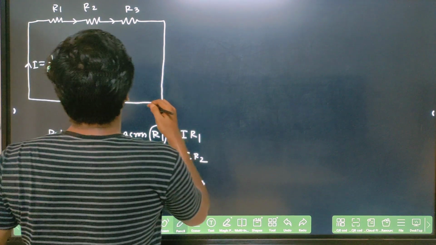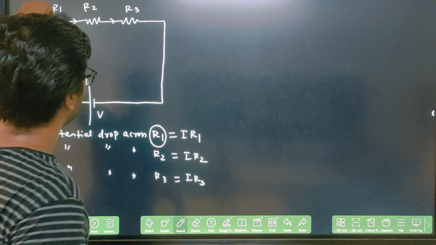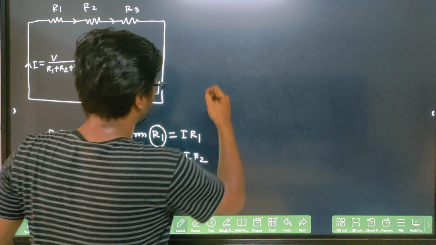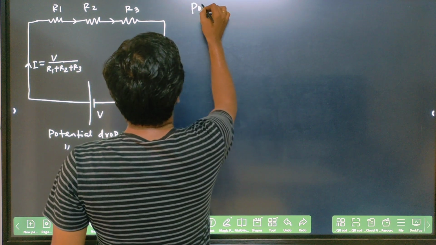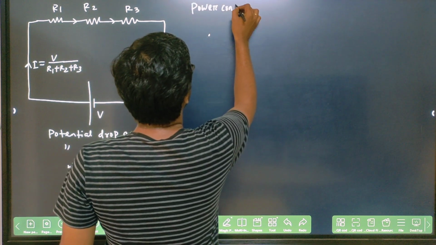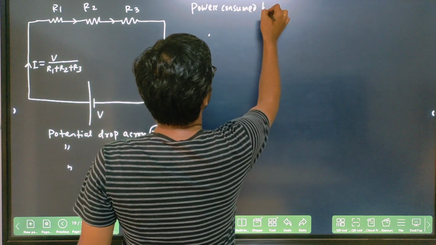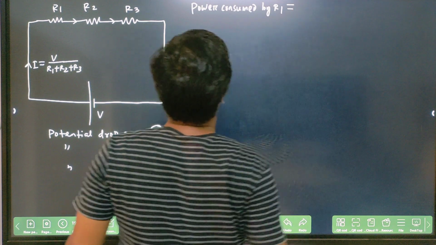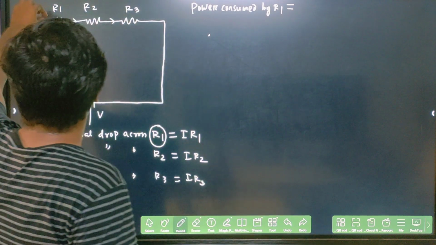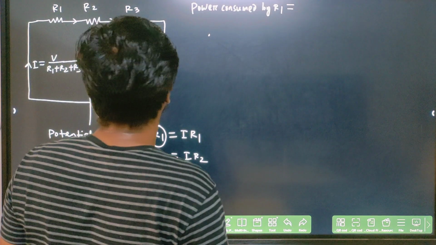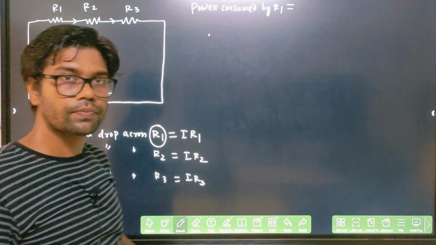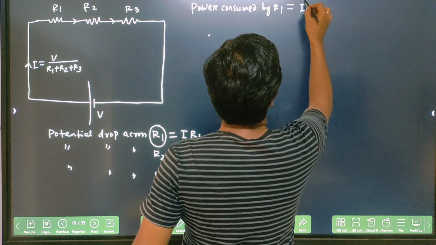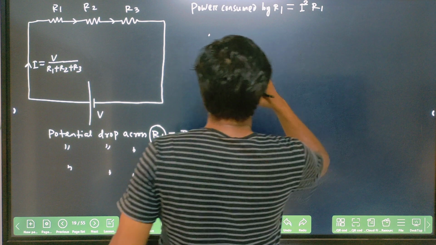Now I am asking how much power is consumed by R1. Power is I square into R, this you know. So power consumed by R1 will be I square into R1.